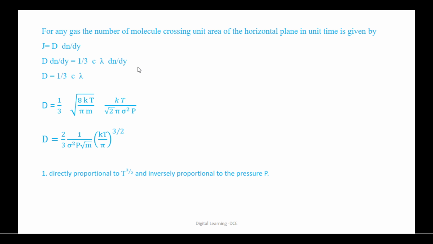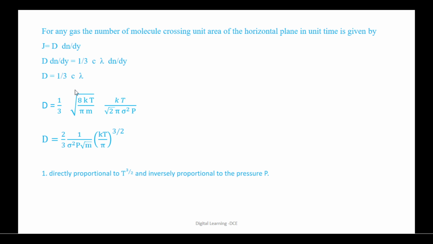This is nothing but diffusion. By the definition of diffusion, these two are one and the same, and equating these two and cancelling the term dn/dy on either side, we get D = 1/3 C λ. Capital D represents the diffusion coefficient.